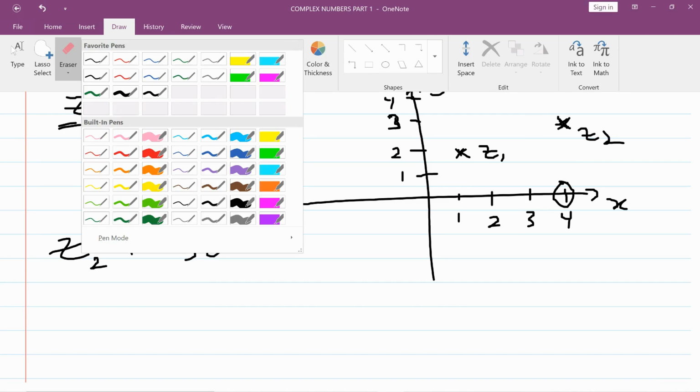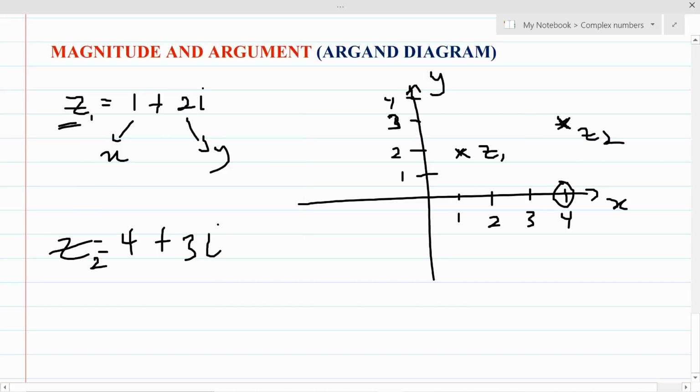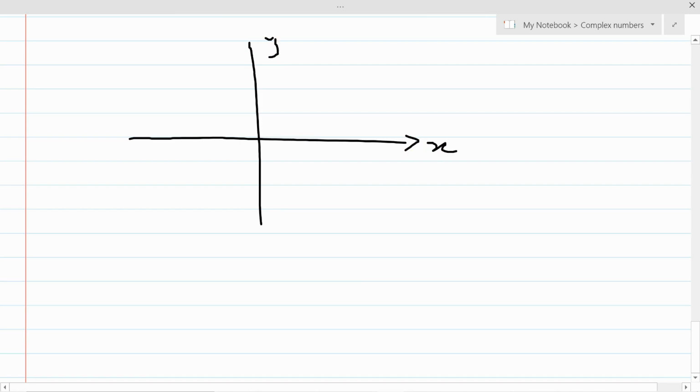With this, it means that I can look at complex numbers in terms of the magnitude and the direction, or the angle that it makes with the x-axis. Let's say I have an Argand plane like this, and this is our x-axis, this is our y-axis.